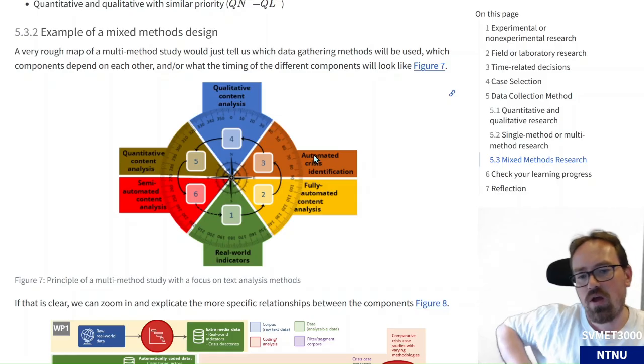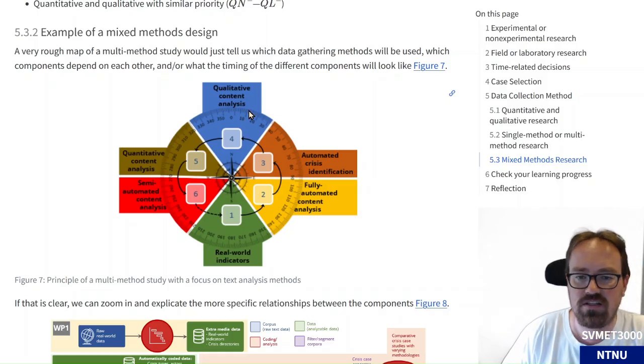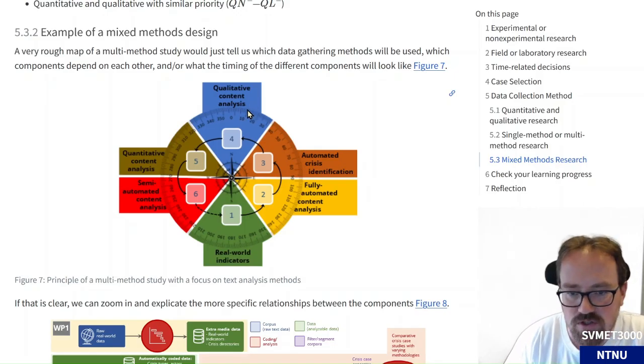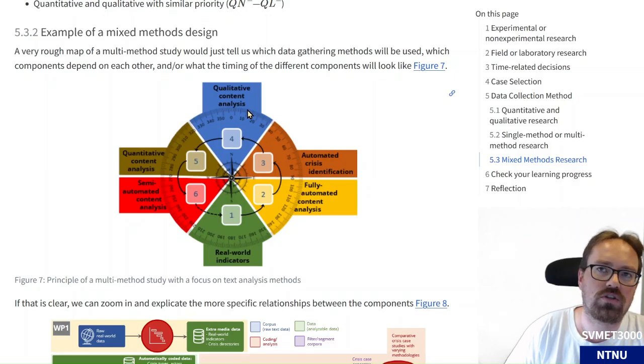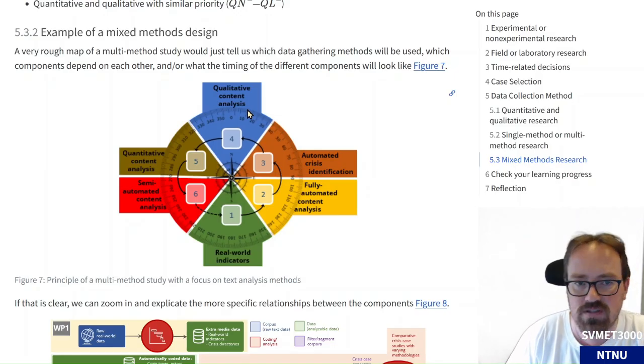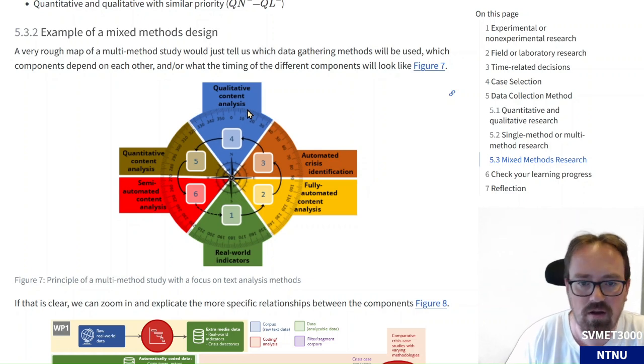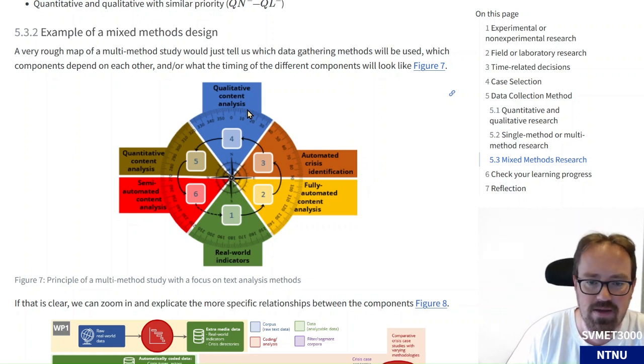Then we can go into a qualitative content analysis context, where we look at specific epidemics that we've identified and see how they are presented in the news coverage, how they are framed, who is blamed, what attributions are made, who gets to talk and analyze the pandemic, and so on.